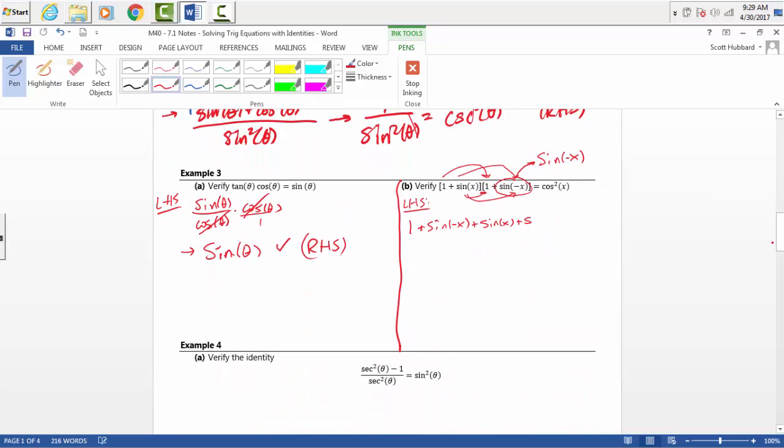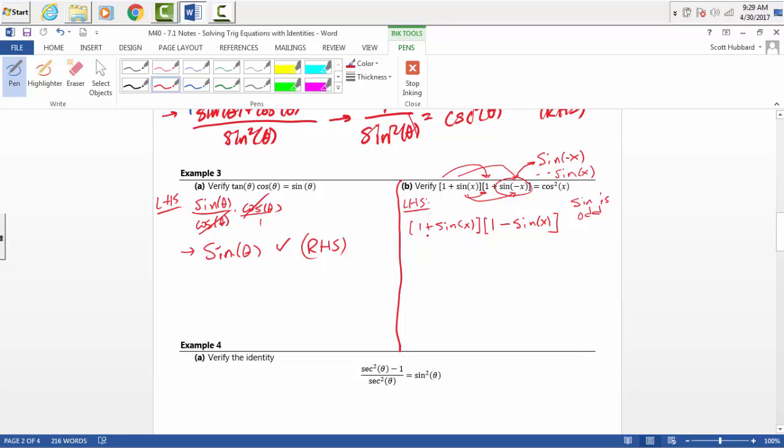So to make it easier, let me rewrite it all. Before I even start multiplying, what I have is 1 plus sine x times 1 minus sine positive x. That's just using the odd identity, since sine is odd.